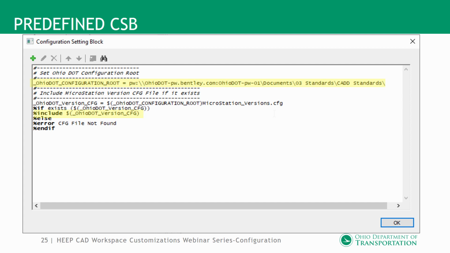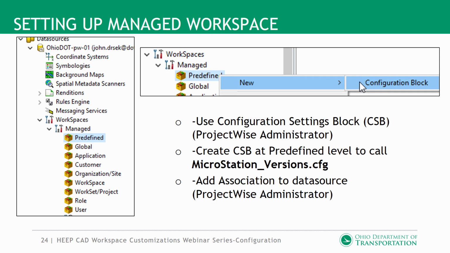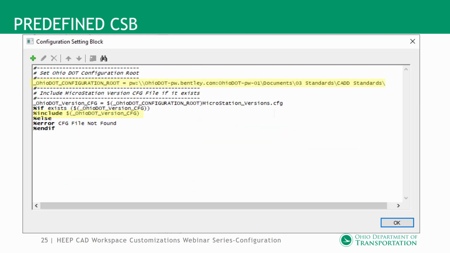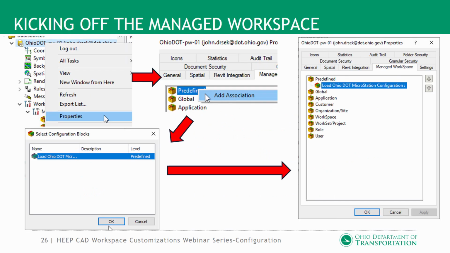So we created a block. Now a block by itself doesn't do anything, just like a config file doesn't do anything by itself. The last step is to associate this block to something. You can associate it to a Projectwise folder, but in our case, we're going to assign this block to the whole data source itself. This is done within Administrator.